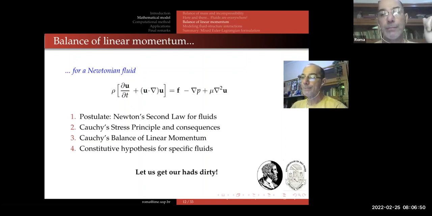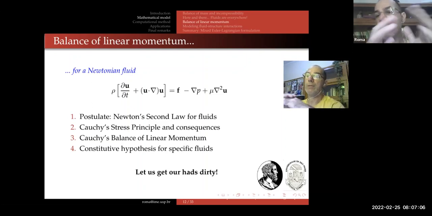Besides that, we are under Cauchy's stress postulates. Cauchy stated that the stress forces, the contact forces acting on the surface of a fluid element, a fluid region, depend only on time, on the location, and on the orientation of the normal vector.